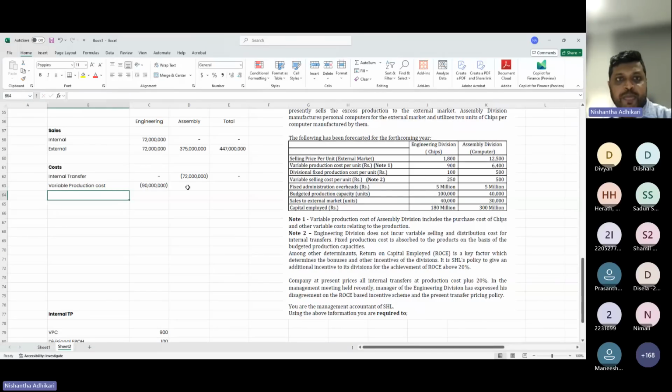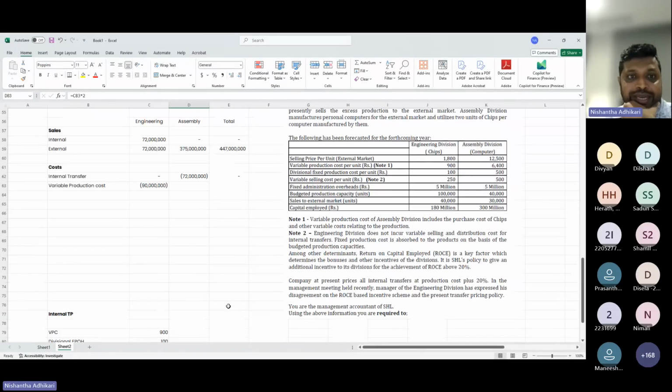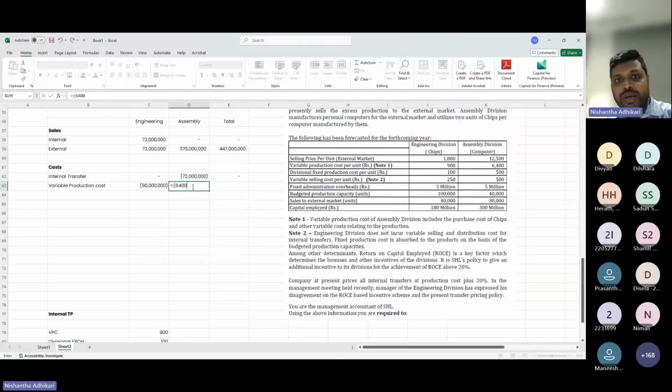Then 90 million. Assembly division, 6,400 per unit for 30,000. But remember, the 6,400 per unit includes the internal transfer unit, 2,400 is included there. Therefore, you have to remove that as well. Then what I will do, this 6,400 minus 2,400, I will multiply by 30,000, then deduct this one.